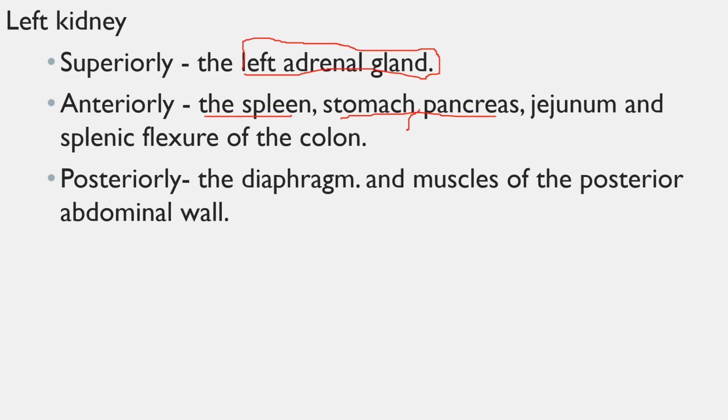Then there is the pancreas. People who are diabetic, this is the organ that is normally affected because it makes insulin. It controls the glucose or sugar in the body.